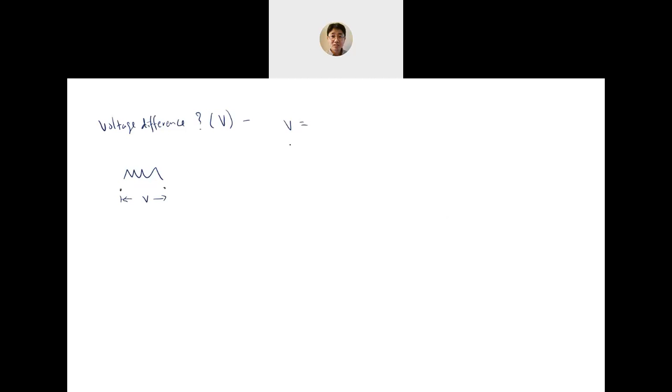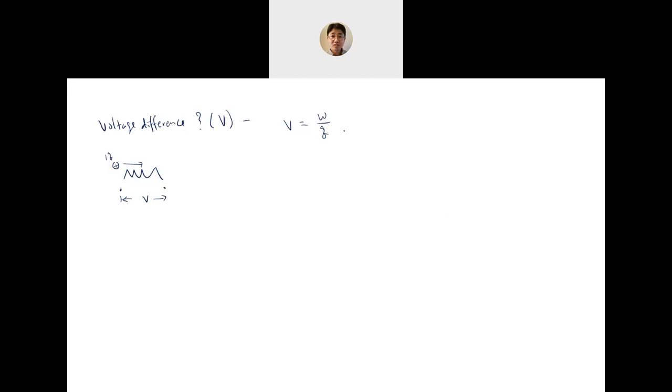If a charge of 1 coulomb moves from here to here, how much work is done by the electric field? That is called voltage.